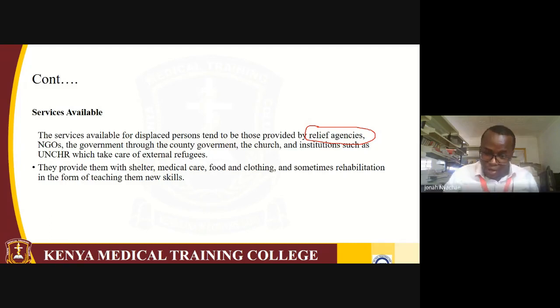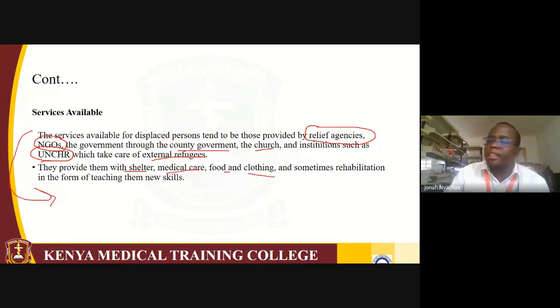We have non-governmental organizations that assist, the government also through the county government, the church, and institutions like the United Nations High Commissioner for Refugees also assist. They provide them with shelter, medical care, food, clothing, and so on. So you advocate for the patient, and you can also volunteer.